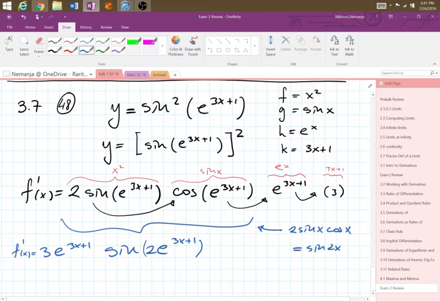You can set this one to 0, and this one to 0, and this one to 0, or you can set this one to 0 and say this one is not going to give any zeros because it's exponential. This one will, and then you just do that one equal to 0, which is one thing, rather than having 3 things over there. So factoring and condensing it helps us for chapter 4.